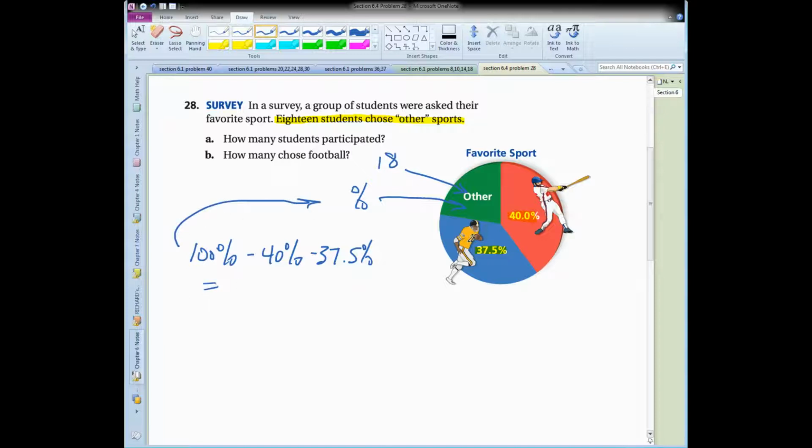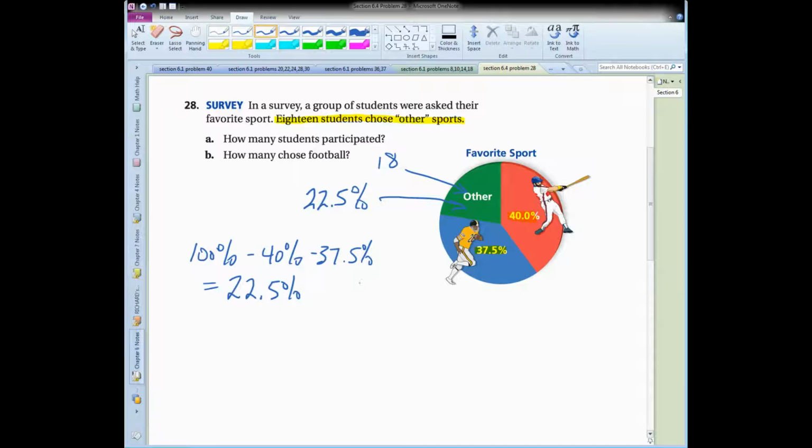Jumping on the calculator, I get 22.5%. So 22.5% would go there. Let's move the arrow. There we go, 22.5%.